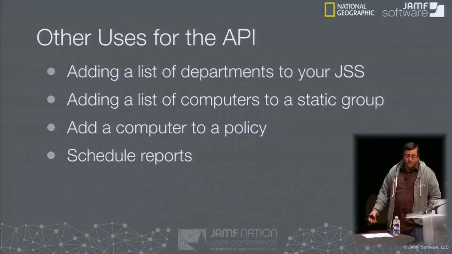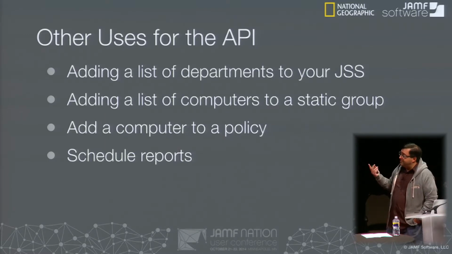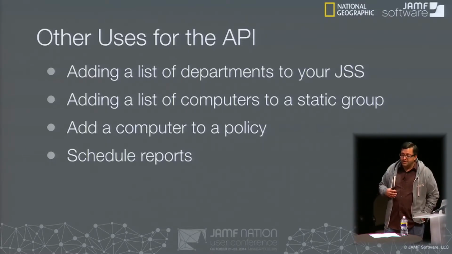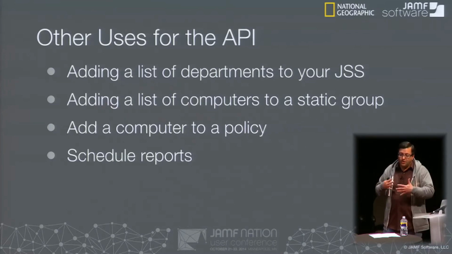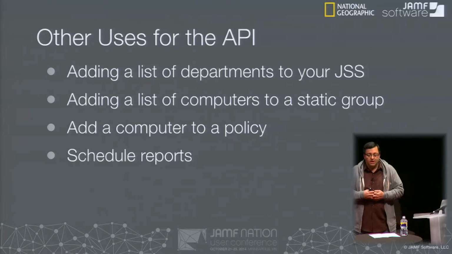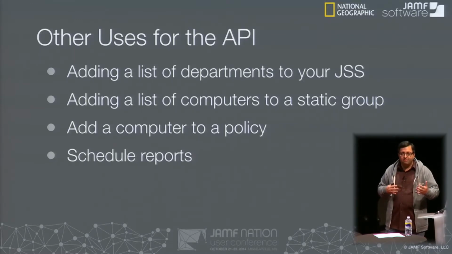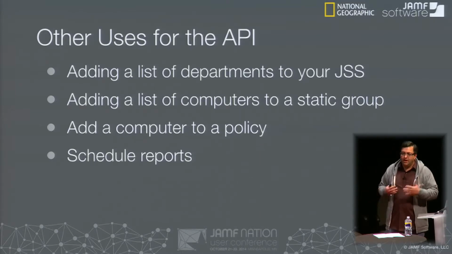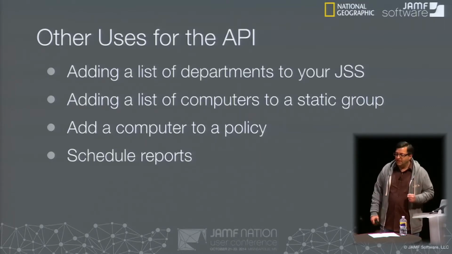So other uses for the API. I had another script that I did for adding the list of departments to your JSS. If you've integrated with Active Directory and you're trying to auto map users to their departments, you have to have all those departments match up exactly to the names they are in Active Directory, and we have like 900 departments.